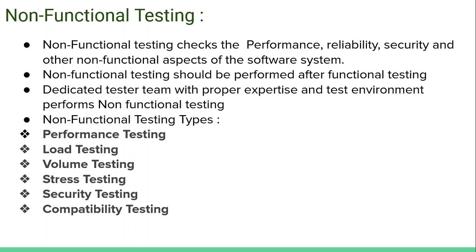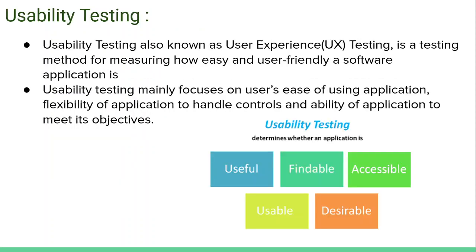For example, how the application behaves under lots of load, how is the performance, how quickly it can respond, what is volume testing, stress testing, how much stress it can handle, and whether it's a secure application or not. That comes under security testing and compatibility testing. These are non-functional parameters, so this comes under non-functional testing, and it is conducted only after functional testing.